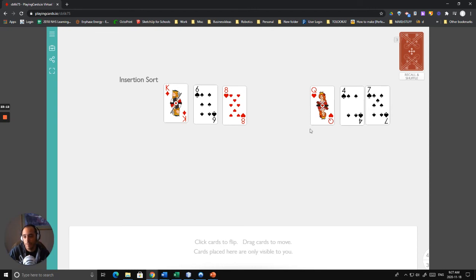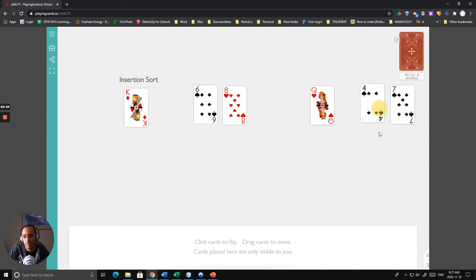Well, what if we further divided this and cut it in half so that I had 1 card and 2 cards. I could also, if I wanted, cut this in half. I look at my king, it's already sorted, no problem. I look at these, well, I could break these up into individual cards. It's not really going to help, but each of these individual cards is sorted.